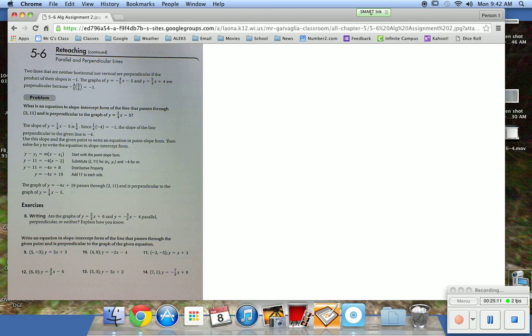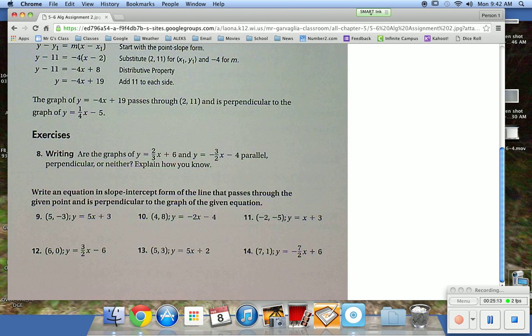All right, they want you to do a perpendicular slope. Let me do the same thing as what we did on the first page. They made parallel, right? Now it's perpendicular. I'm going to use the point slope form again. My point is 5, negative 3. My slope is 5. But what's my perpendicular slope?